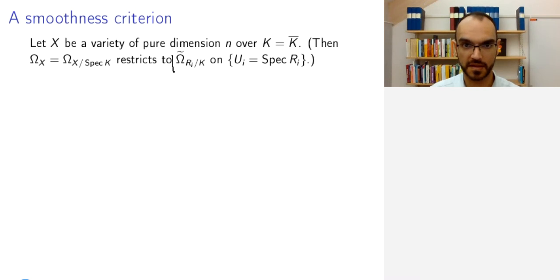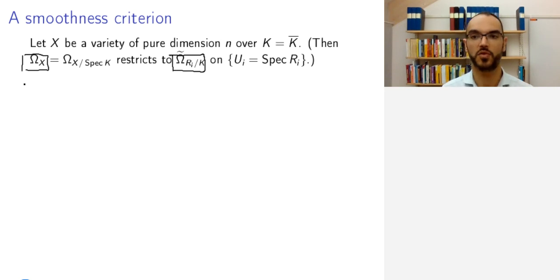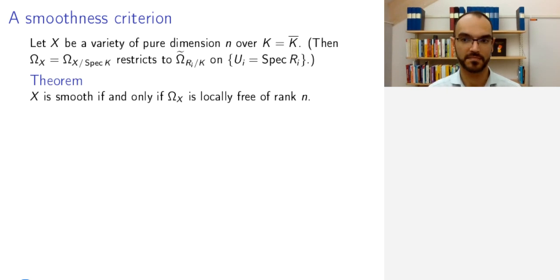So these here with algebras in the subscripts are modules, and this is a sheaf of modules. The claim is that X is smooth if and only if omega X is locally free of rank n, where n is the dimension of the variety.